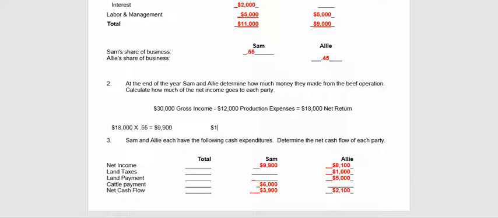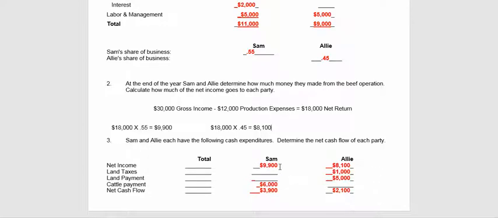Do the same thing for Allie, 18,000 times 45%, and that equals $8,100. So net income for Sam was 9,900. Net income for Allie, 8,100.